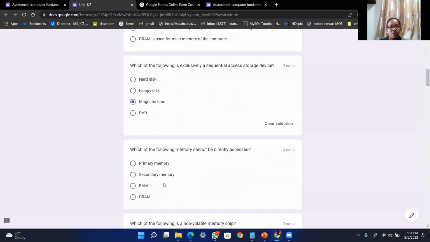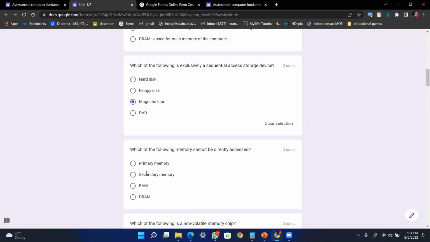Next, which of the following memory cannot be directly accessed by the CPU? Actually, the complete question should be: which memory cannot be directly accessed by the CPU? Primary memory, can it be directly accessed by the CPU?